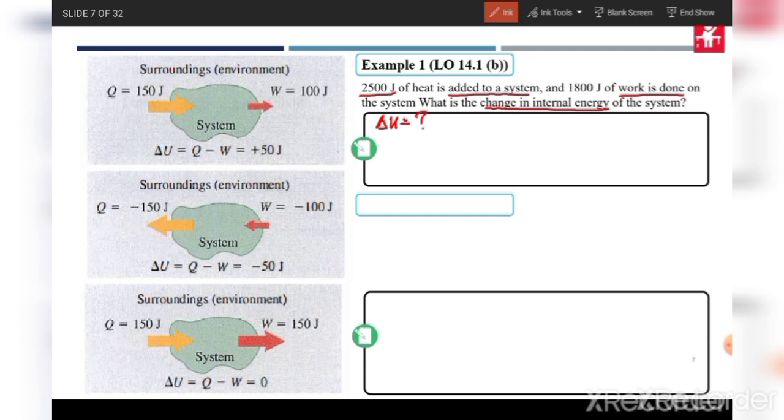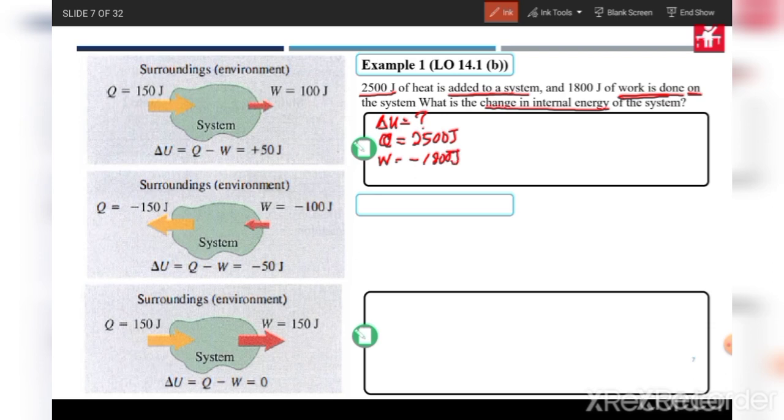Given information is 2500 joule of heat is added. So that means Q is positive 2500 joule. Also given is 1800 joule of work done on the system. So that means work done is negative 1800 joule.